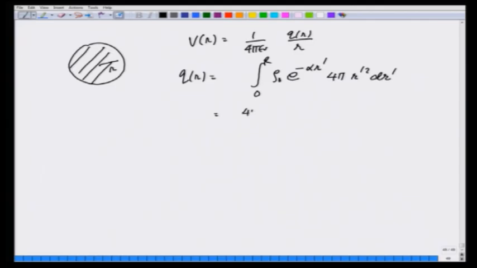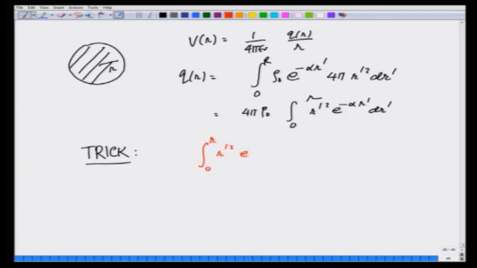So, this is 4 pi rho 0 integral r prime squared e raised to minus alpha r prime dr prime from 0 to small r. I am going to use a small trick here to calculate this integral, the integral from 0 to r of r prime squared e raised to minus alpha r prime dr prime. I can write this as the second derivative with respect to alpha of the integral of e raised to minus alpha r prime dr prime from 0 to r.